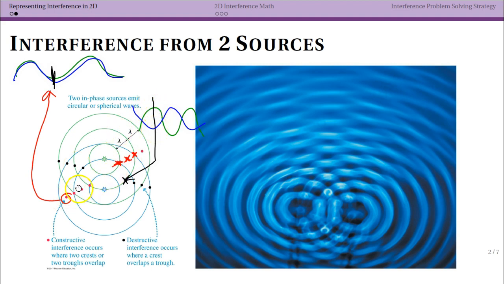The trickiest might be these dots that lie on neither circle, but are in between each of them, which is therefore trough-trough and also constructive. So again, think through what these wavefronts represent, and when you're actually trying to work on one of these problems, it's really helpful to draw this out and think about what's going on. And remember that the circles only represent crests, so they should be equally spaced, and the spacing between them should be one wavelength.